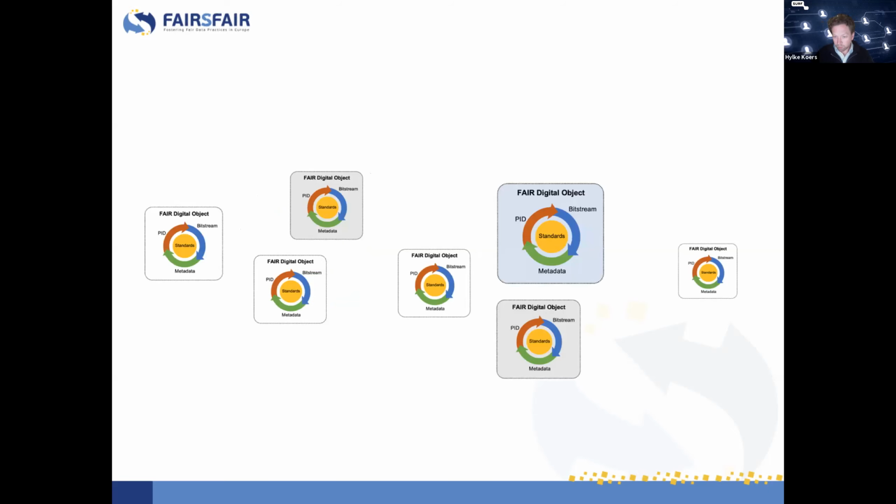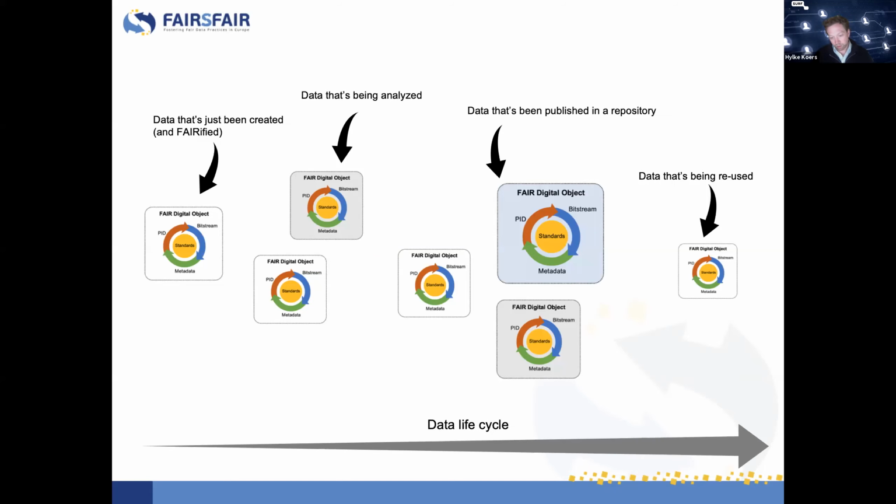These FAIR digital objects, you can think of them as inhabitants in an ecosystem, happily coexisting, different flavors, different colors, different tastes, all living happily together, and also living at various stages in the research data lifecycle. So this notion really spans across the life cycle, or the journey, of research data.